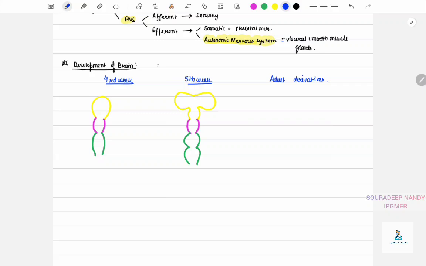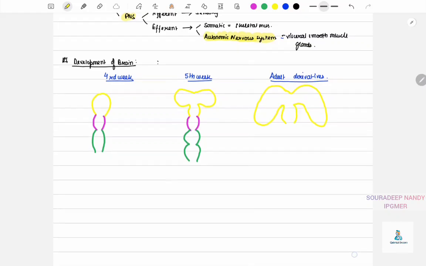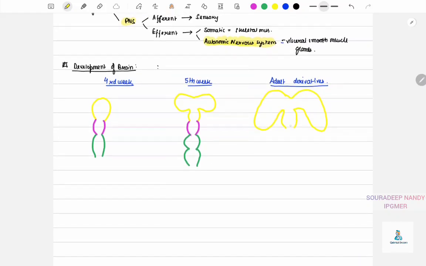Now coming to the adult derivatives of the brain, the telencephalon matures and gives the formation of the cerebral hemispheres of the brain. The diencephalon gives rise to the internal brain structures, which are the thalamus, hypothalamus, subthalamus, epithalamus, and metathalamus.